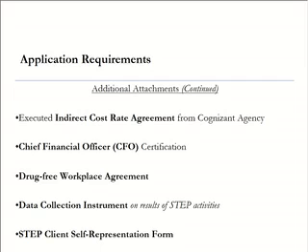This certification must verify that the applicant has an established organizational infrastructure with an internal financial management system that meets OMB cost principles. The letter must be on letterhead, signed, and dated. A drug-free workplace agreement is required that certifies you'll provide a drug-free workplace environment.